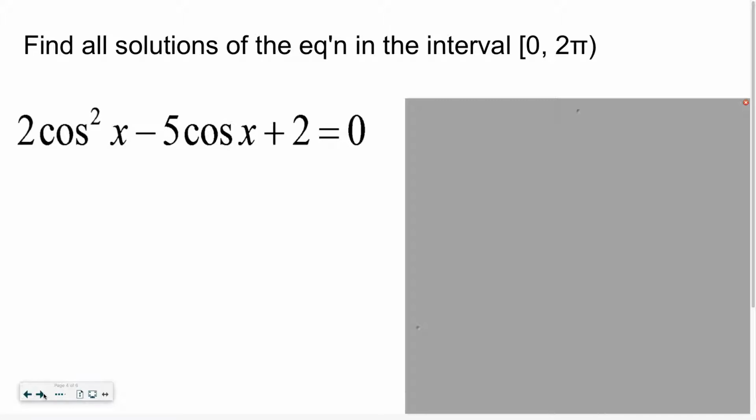So what I know about the directions here is I'm not going to have to do that plus 2 pi n or plus pi n anymore. I just need to find all the angles within one revolution of the circle that work. Okay, what's a little bit different about this problem?